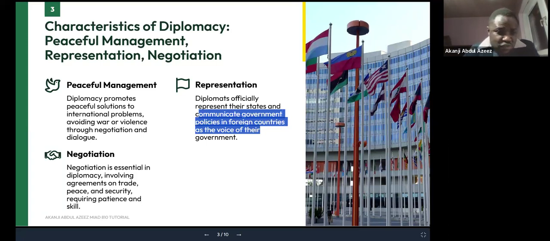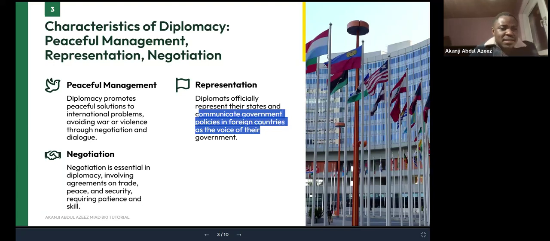The third characteristic of diplomacy is negotiation. Negotiation is one of the most important functions of diplomacy, because diplomats negotiate agreements between countries on many issues, such as trade agreements, peace treaties, security cooperation, and environmental policy.